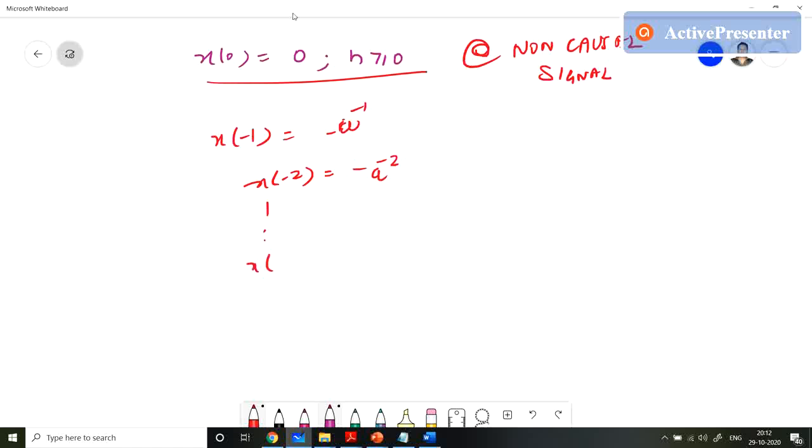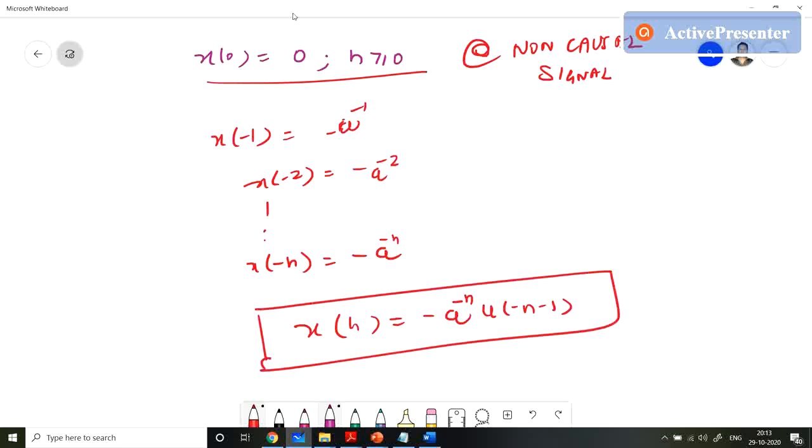Similarly, x[-n] is equal to minus a raised to the power minus n. So finally, x[n] is equal to minus a raised to the power n u[-n-1]. So this is our x[n].